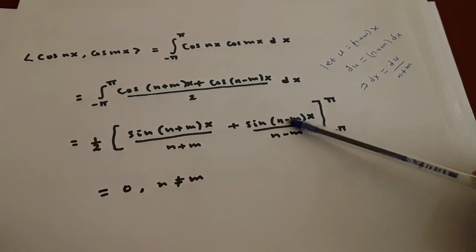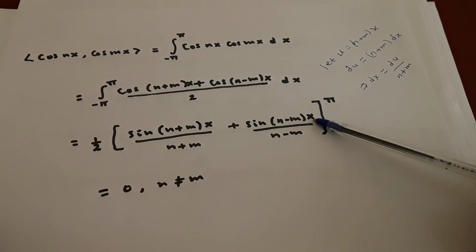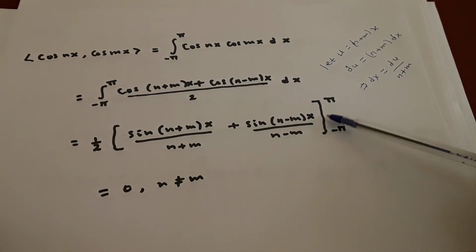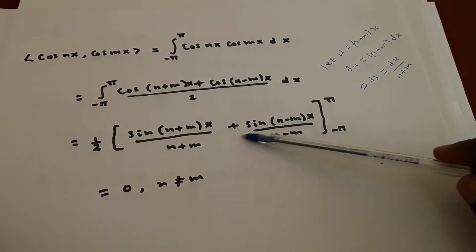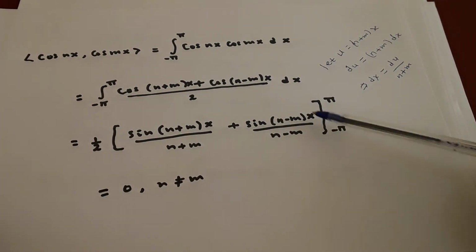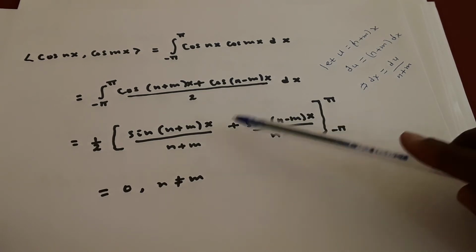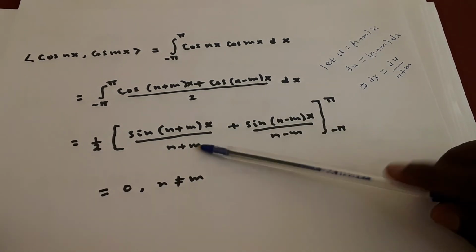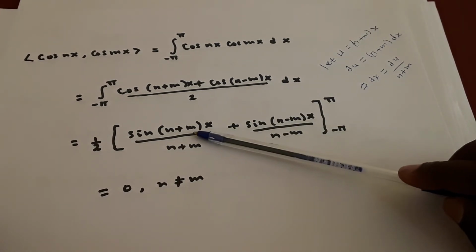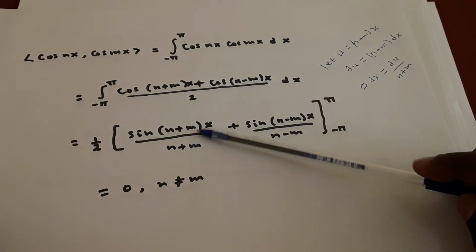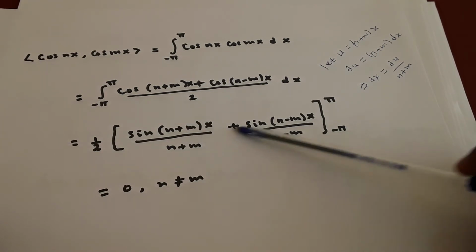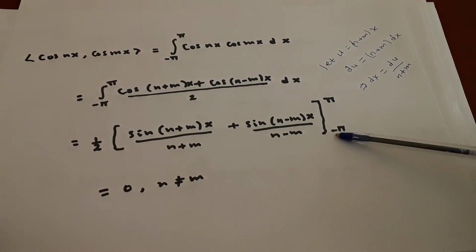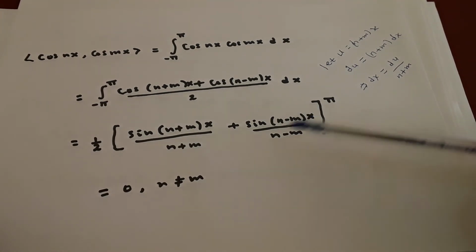Similarly, n minus m is some arbitrary integer, and sine of that times pi is 0. Then for sine of n plus m at minus pi, since the sine function is odd, as we did before, we still get 0. Sine of an integer times minus pi is again 0.